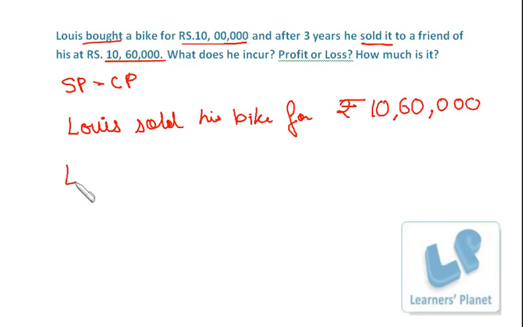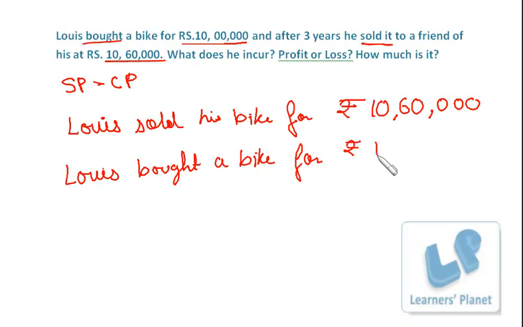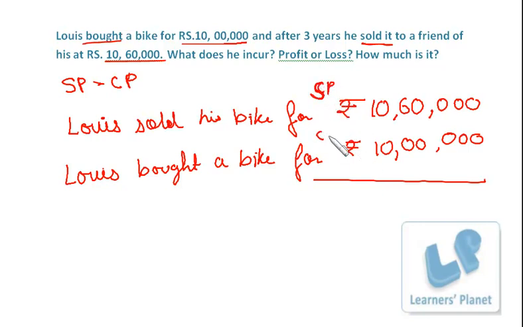And Louis bought a bike for rupees 10 lakh. Now, I'm sorry, this is the SP and this is the CP.